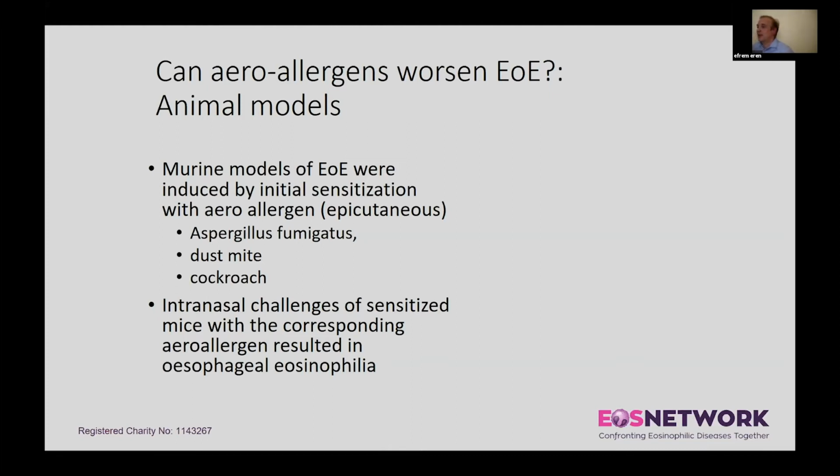So there's some link. You know, could it be that in humans, in patients with hay fever, breathing in the pollen can generate esophageal inflammation?